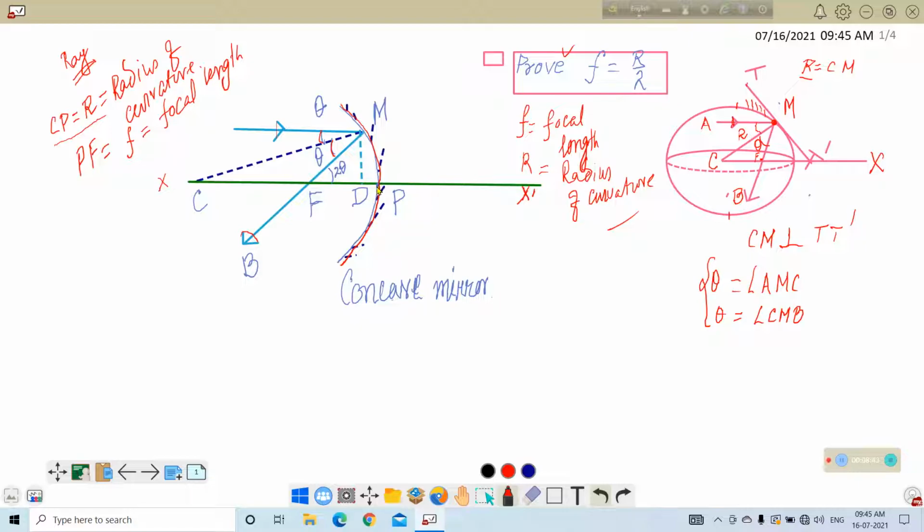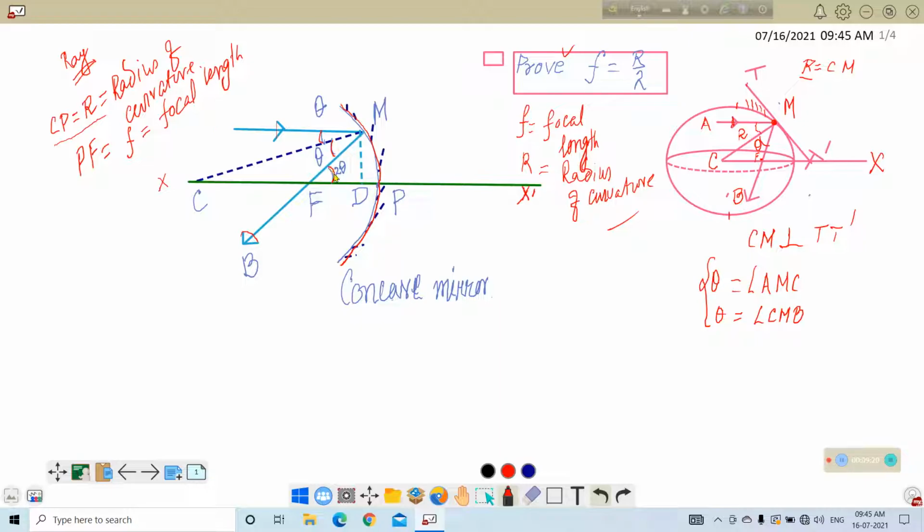So the light ray which is parallel to the principal axis will pass through the focus. This line, the line of incidence or incident ray, and the principal axis, these two lines are parallel to each other. So we can say this angle, that means MFD or MFP, this angle is 2 theta.